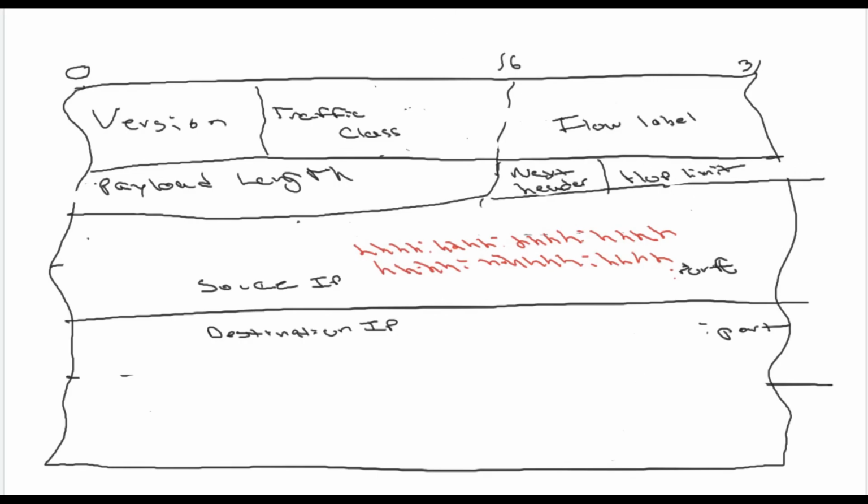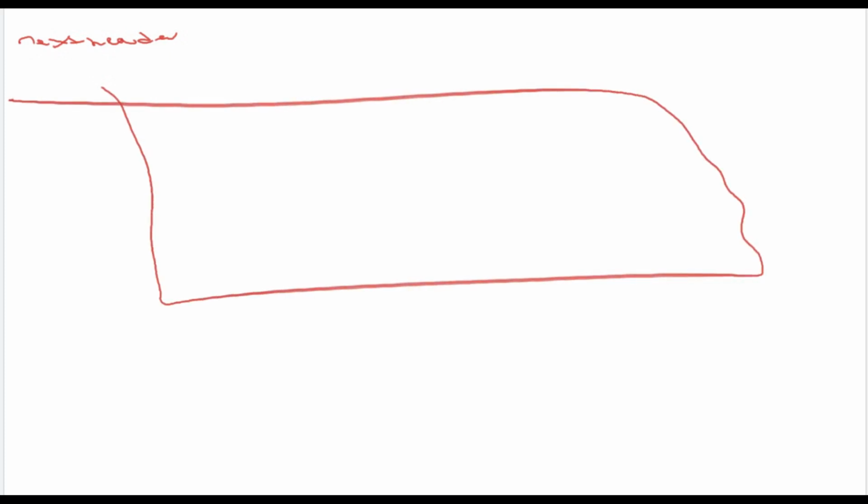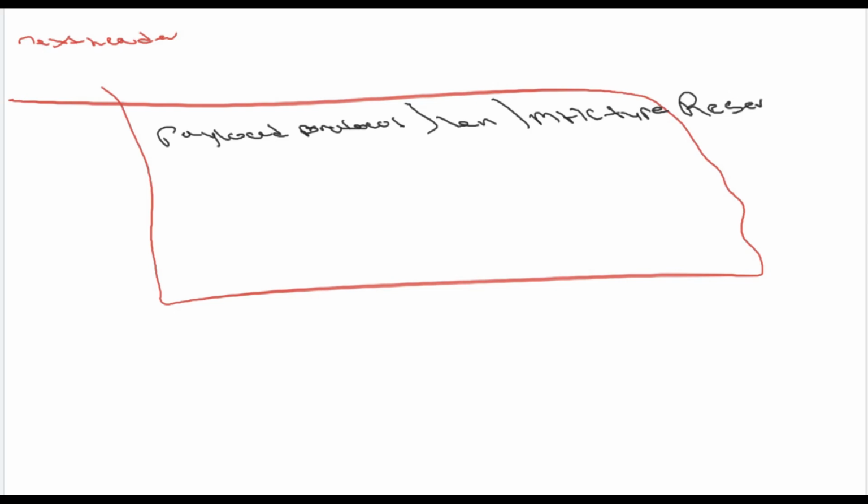Since this is mobile, we then look at the next header, which is here, and in here we get the payload protocol, the length of this header, the MH type, and a reserved space.